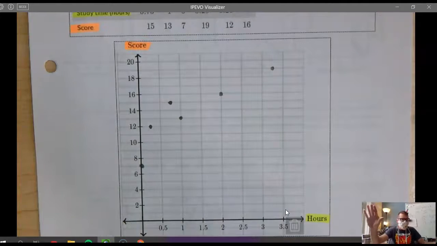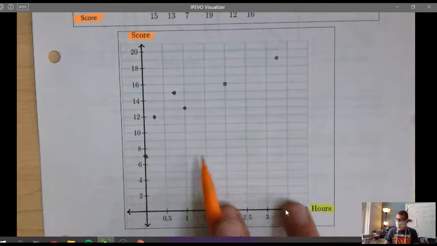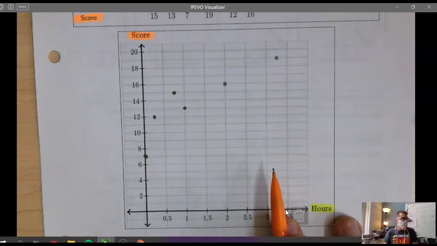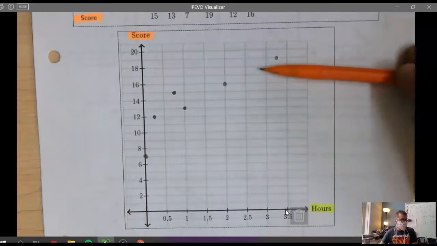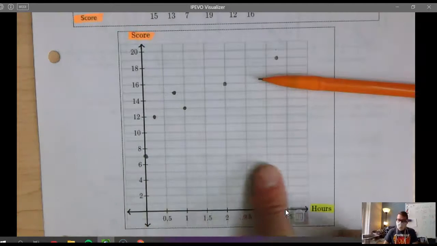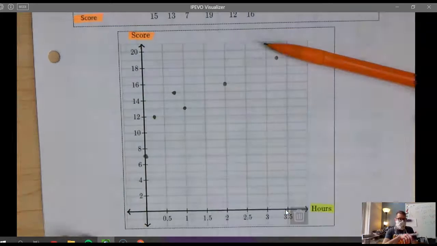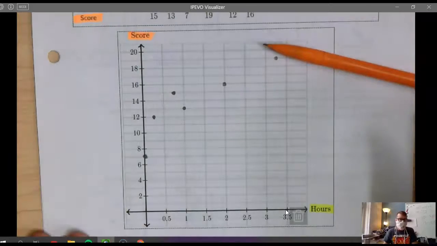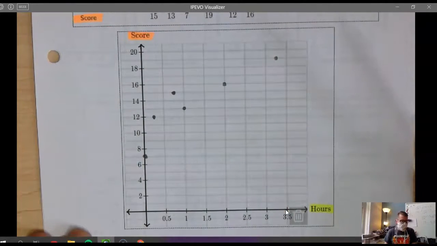But what we see is that it would appear that a higher amount of study time corresponds to a higher test score. I'm not making facts, I'm not making rules, I'm making observations. All we're doing is observing data. What we observe is as my x goes up, my y seems to go up. So, as some of you shouted out, there seems to be a positive trend here. Studying seems to be a good thing.